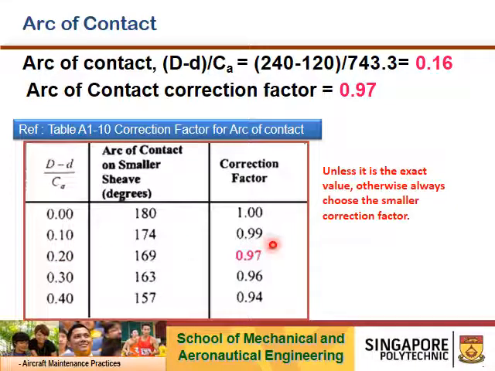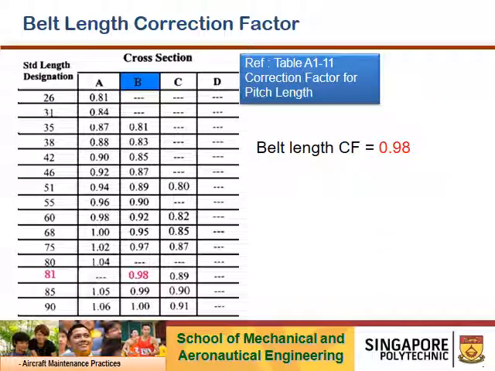For example, if you get 0.205, we'll use 0.96, unless you get exactly 0.20, then you use 0.97. That is what you need to remember. The next table you need to refer to is A1-11, correction factor for pitch length, page A1-11.